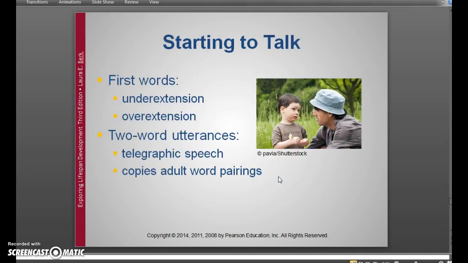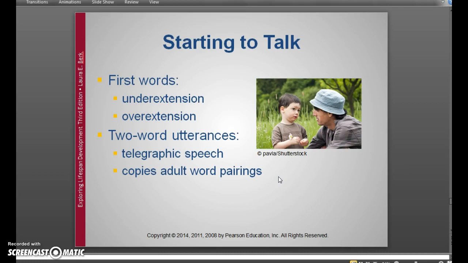So then as they begin to talk, they start with underextension, which is where they use minimal language. It may not be sufficient to really make a point, but this is where they also use gestures to help convey that point. And then overextension is where they're using too many words to make a request.